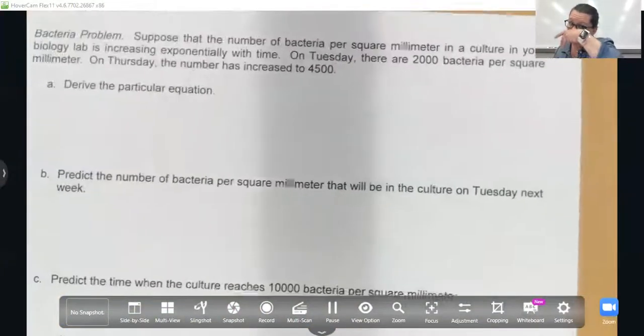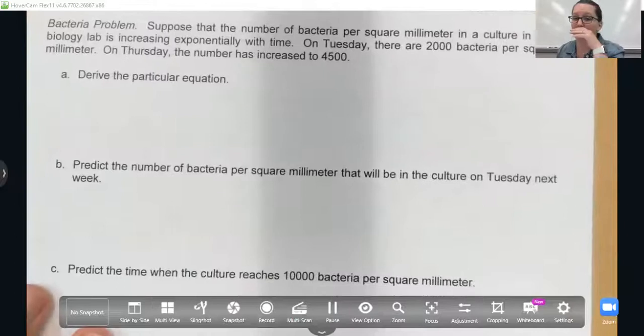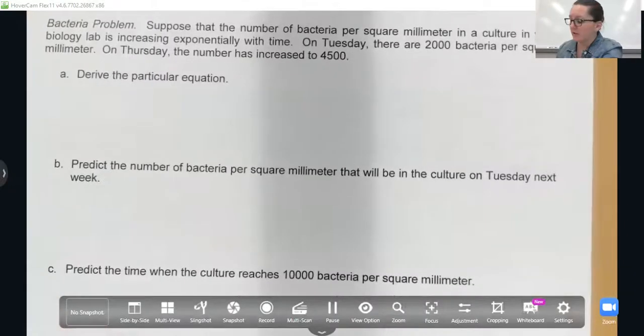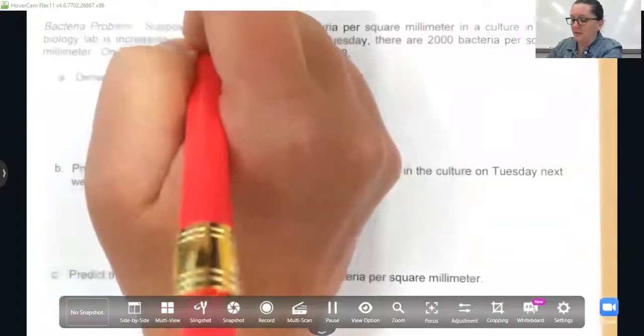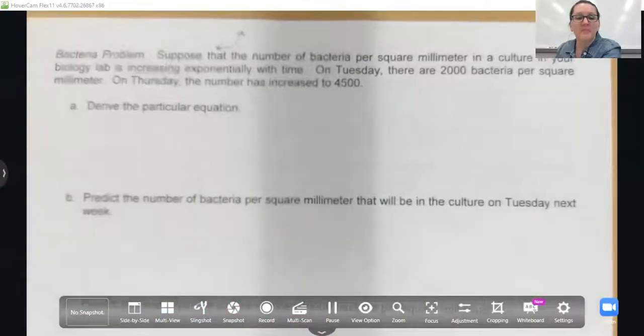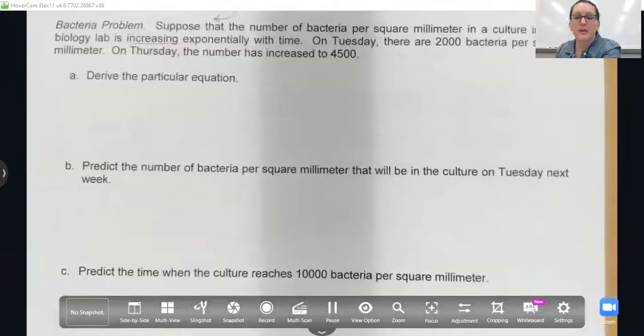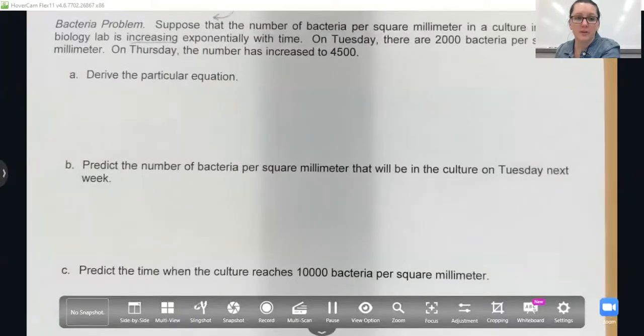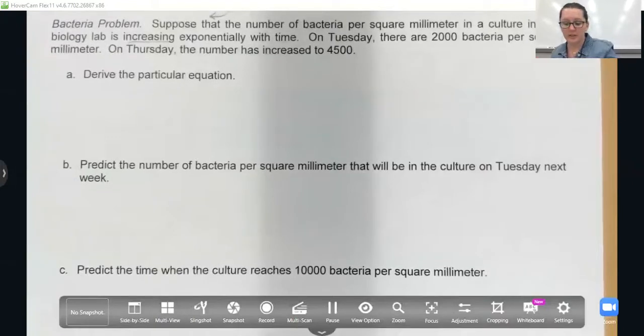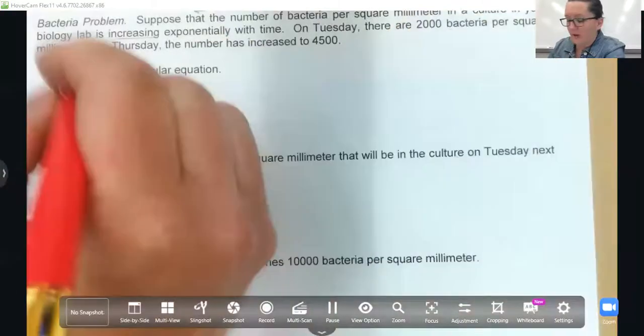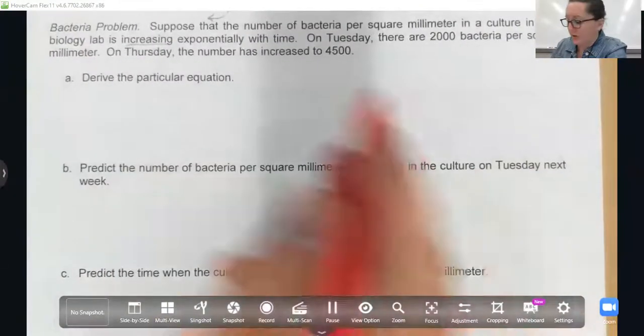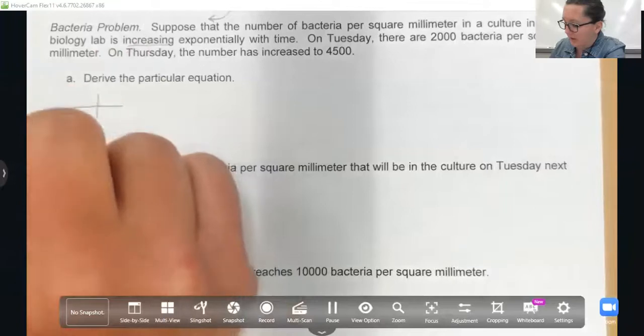All right, let's look at the next question. Suppose that the number of bacteria per square millimeter in a culture in your biology lab is increasing exponentially. So that means it's going up, right? It's a growth model. On Tuesday, there are 2,000 bacteria per square millimeter. On Thursday, the number has increased to 4,500. All right, so derive the particular equation. If I didn't write the X and Y table here, we can think about it.